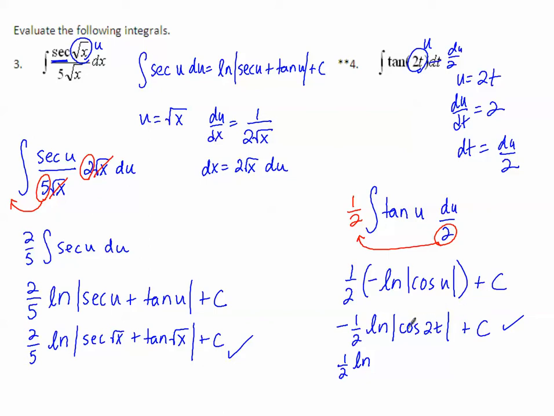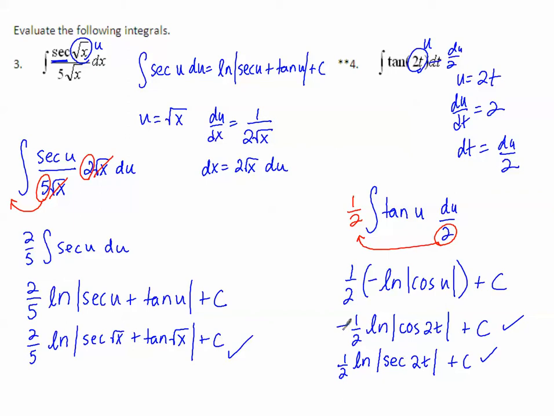Well, what is cosine to the -1? What's the cosine function flipped over? The reciprocal of the cosine function? That's right, the secant function. So this could say the natural log of the absolute value of the secant of 2t plus c. That's a good answer, and quite tricky that it looks like a different function, but it's just the reciprocal function because of the negative.